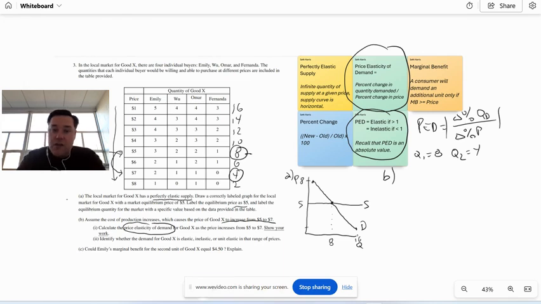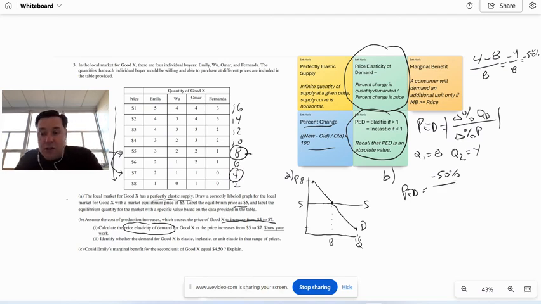All right, so using this formula for percent change here, I'm going to show my work just to be thorough, right? 4 minus 8 divided by 8. So that's negative 4 over 8. We're going to multiply that by 100 and get a change of negative 50%. All right, so our PED in the numerator there, we've got negative 50%.